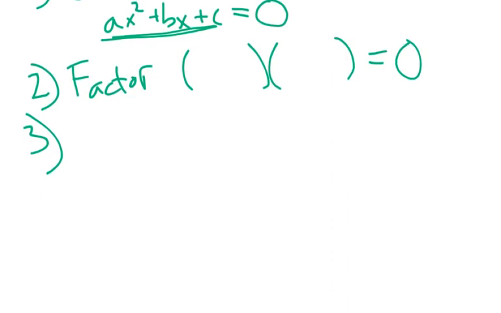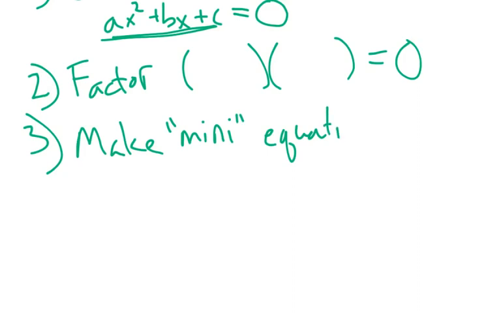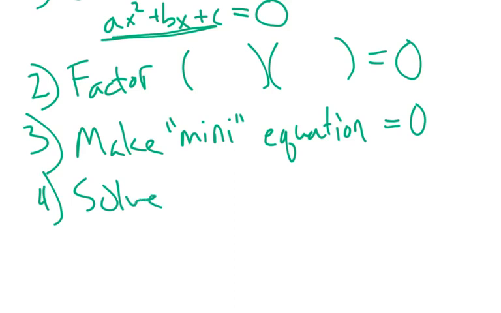So step 3 is to make mini equations, set equal to 0, and step 4 is to solve. When I say make mini equations, I mean you take whatever this is, set that equal to 0, take whatever this is, set that equal to 0. So enough talking, let's do some examples.